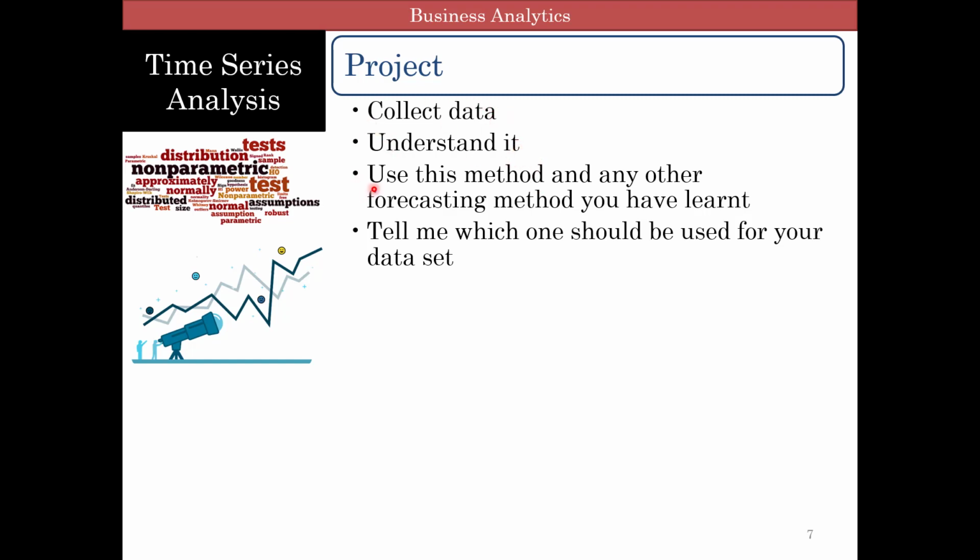Then I want you to use the static method and this Winter's method. Definitely do these two. Then use another method you have learned in this class, and give me a presentation comparing these three methods, or if you use extra methods, that's great. But you definitely have to use these two methods, which are the most complex methods.